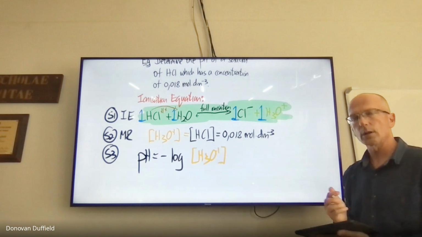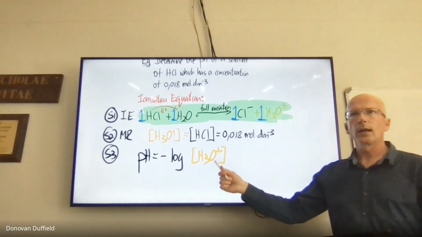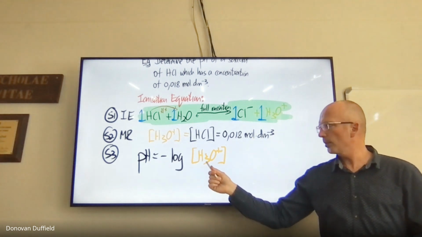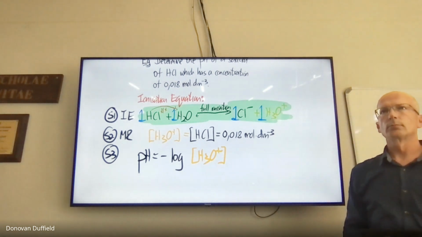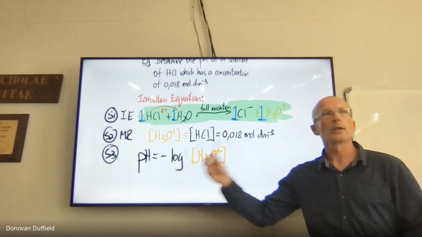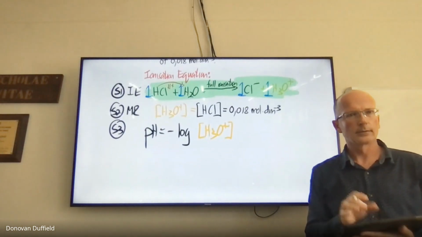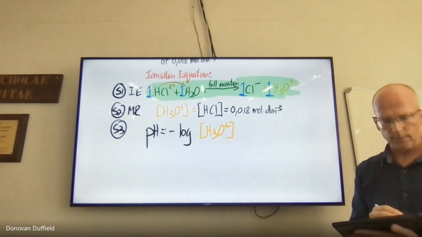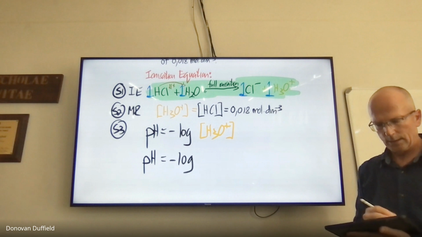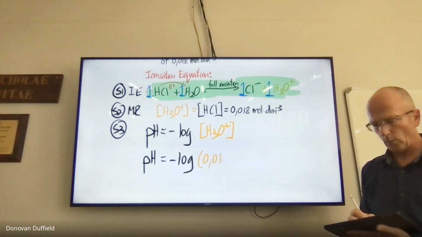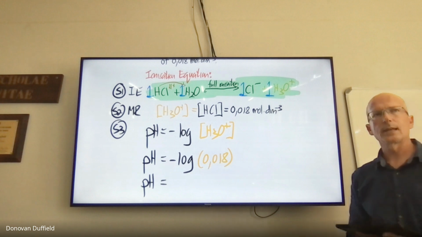Now, I would like you to take this value and with your calculators, please work out what the pH is. By the way, you're given this formula in your exam formula sheet. So use your calculator. pH equals the negative log of 0.018. And what does that give us?